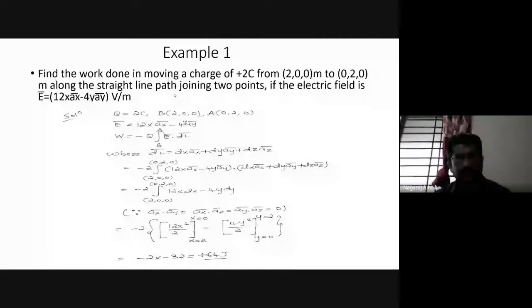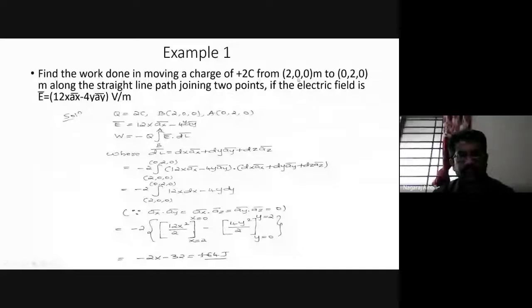If the electric field is E bar equal to 12x AX bar minus 4y AY bar volt per meter, this is the electric field intensity they have given. Using this electric field intensity, the charge and the coordinates, we are supposed to find the work done in moving this charge plus 2 coulomb from this coordinate to this coordinate.